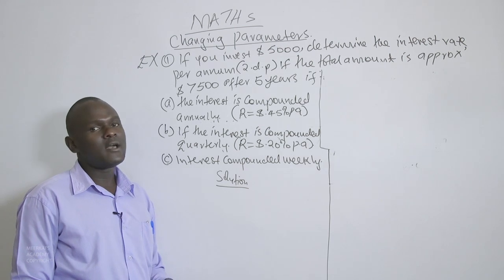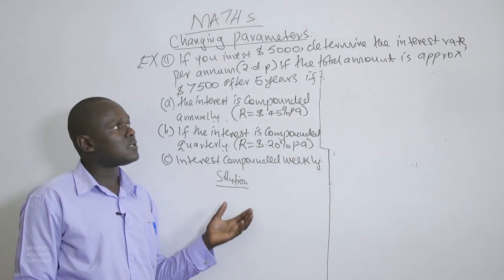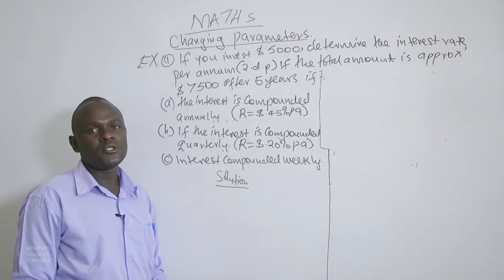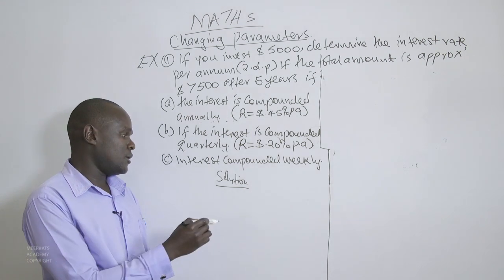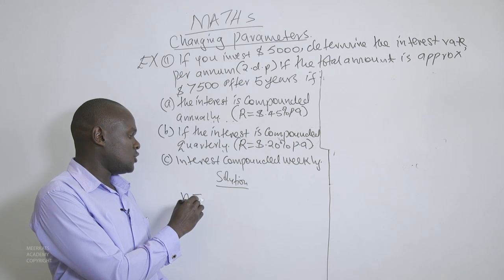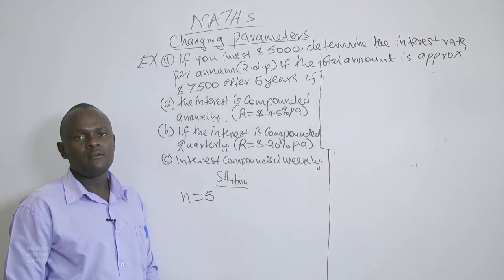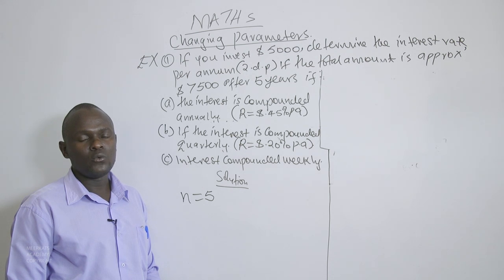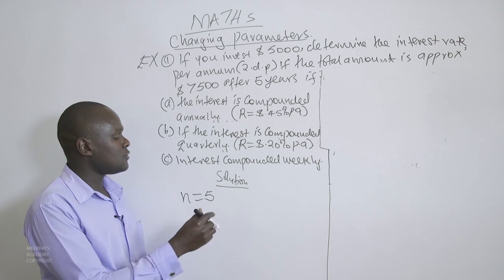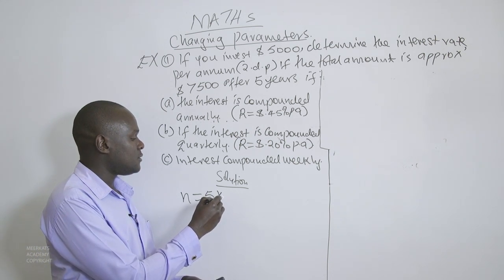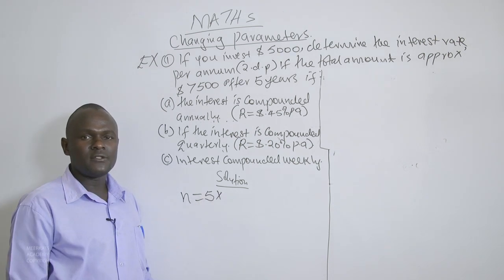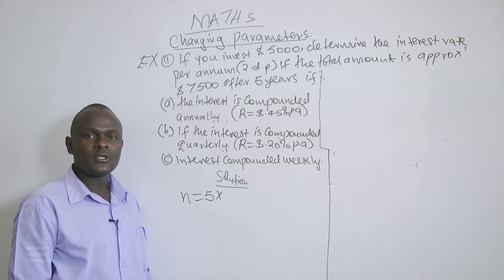You remember that the other parameters, that is the amount and the principal, will remain the same. But the period n will change. We have 5 years, and in a year we don't have 12 weeks.